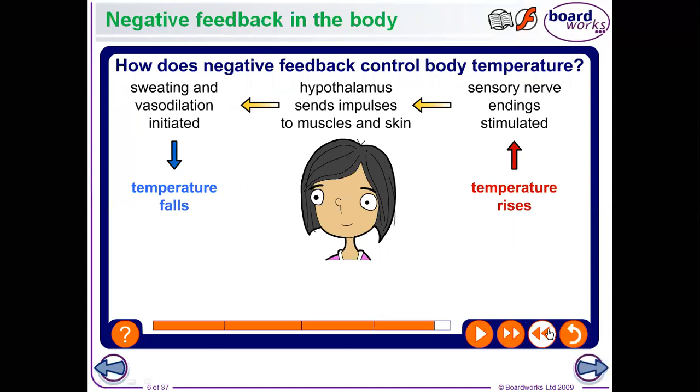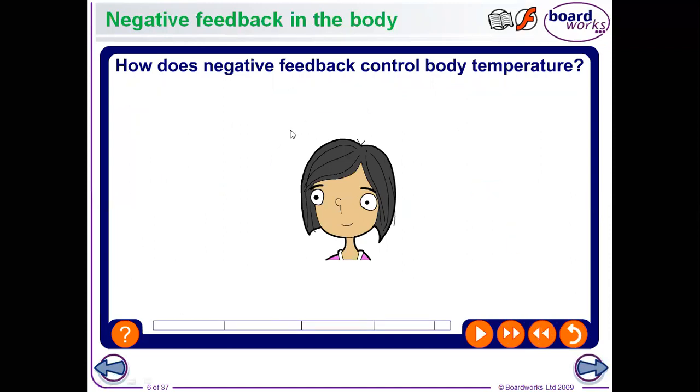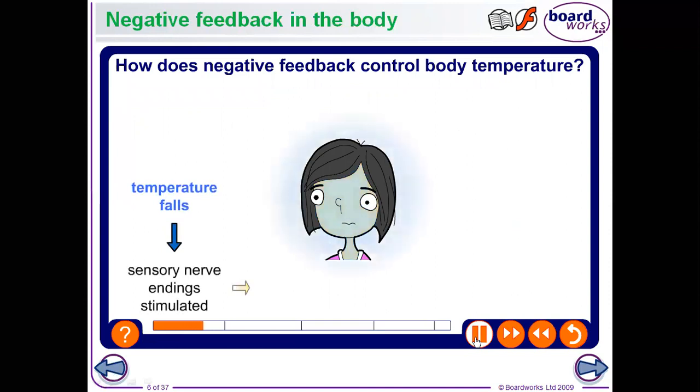Now, here we will study how negative feedback controls body temperature. So let's suppose body temperature falls, okay? If the body temperature falls down from the normal, it's cold. So what will happen? Sensory nerve endings will be stimulated, and that sensory neuron will send a message to the hypothalamus.